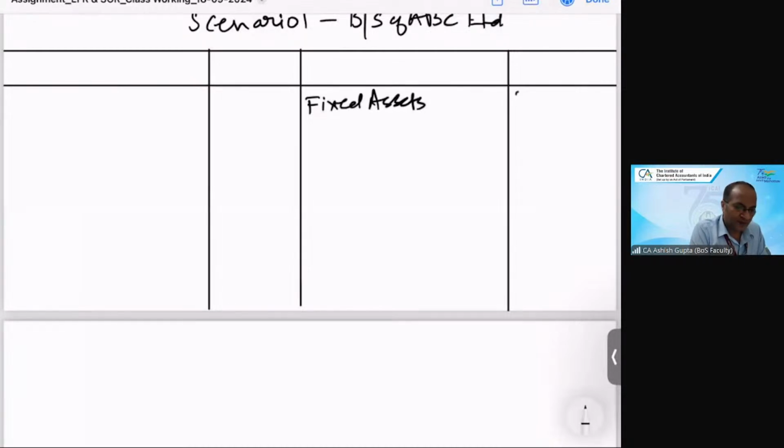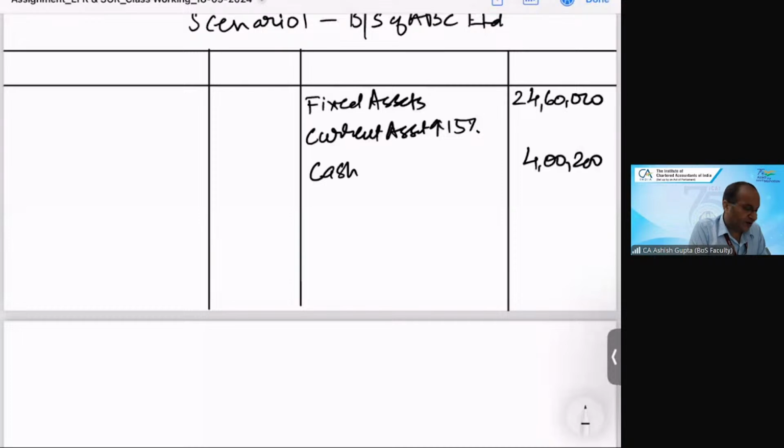Fixed assets. Okay, current assets increased by 15%. Okay, so cash will be increased by 15%.